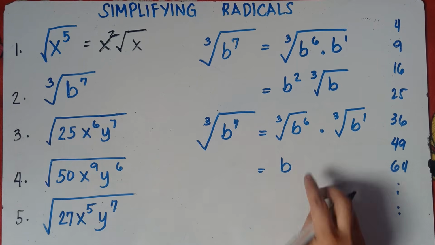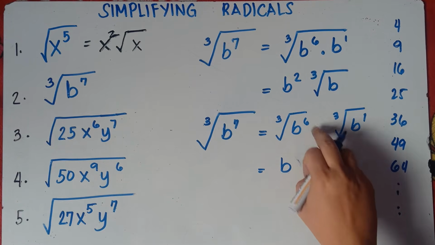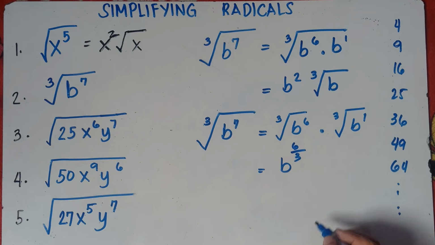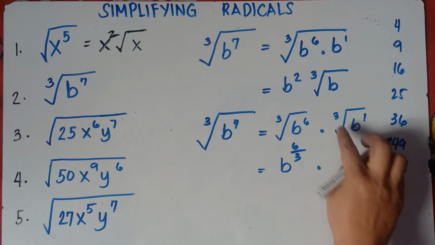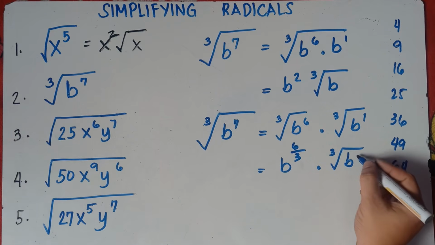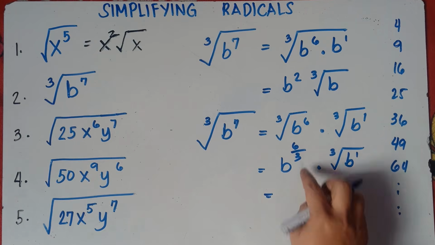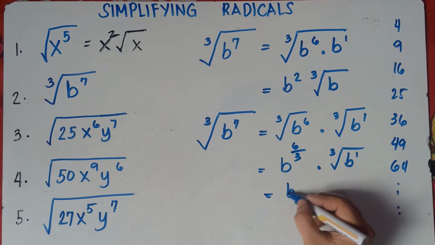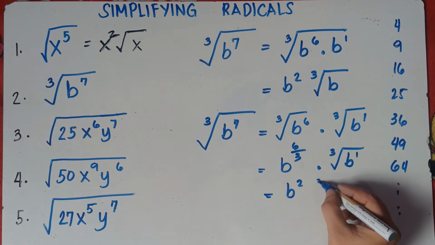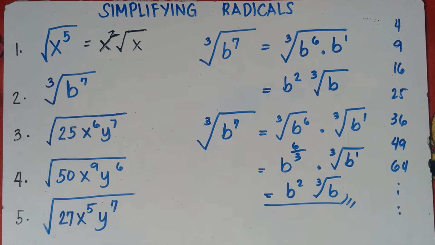This will be b, then 6 will be the numerator of the fractional exponent, and 3 will be the denominator, times the cube root of, since we cannot divide 1 by 3, copy, cube root of b raised to the power of 1. So 6 divided by 3, that is 2. So that's why we have b squared times the cube root of b raised to the power of 1. Or this will be your answer, class.